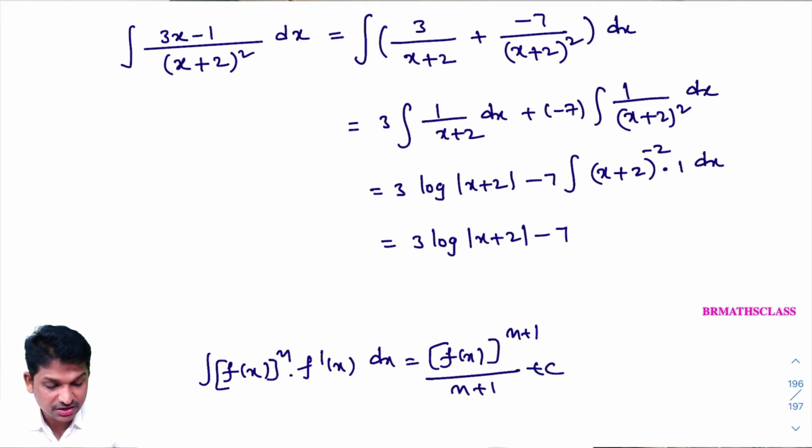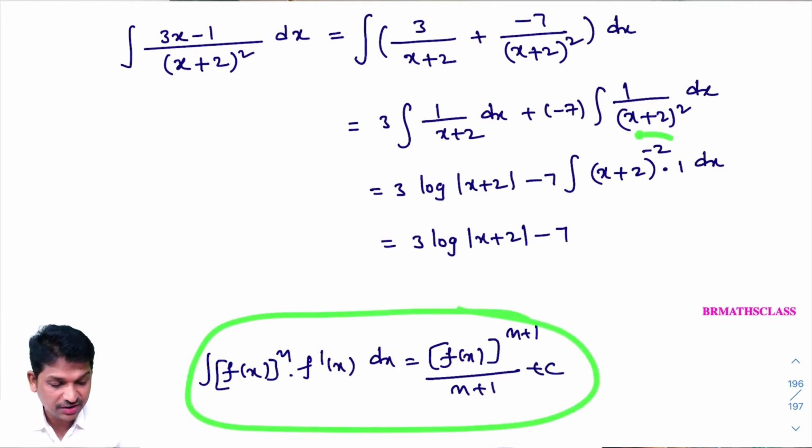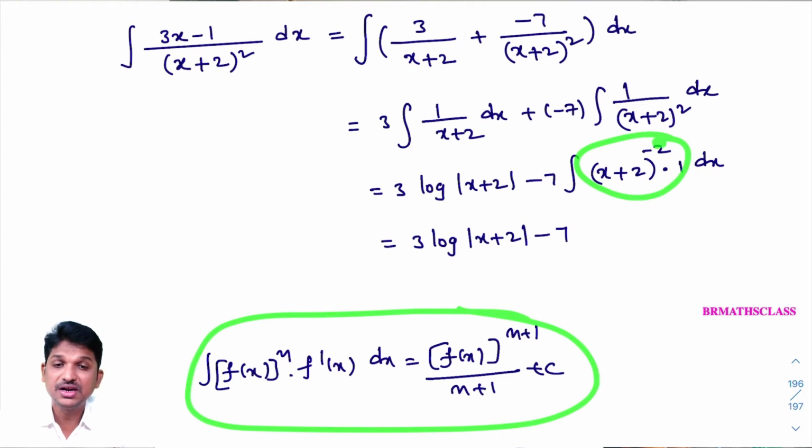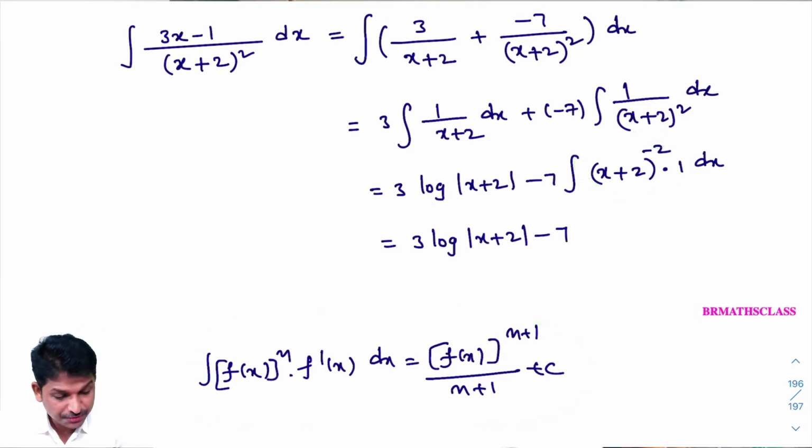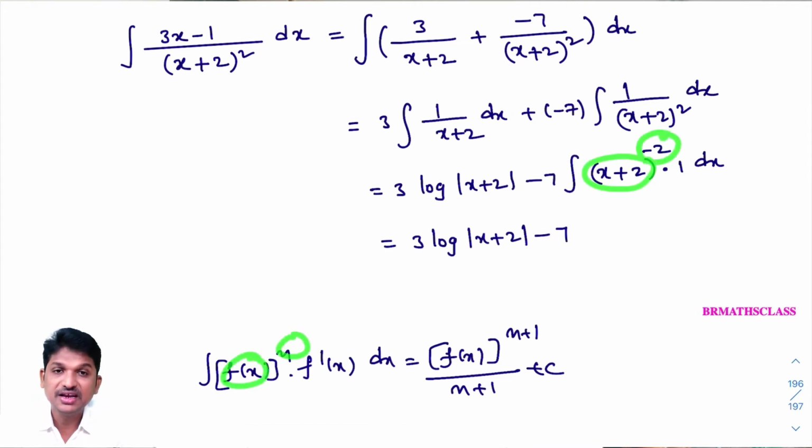In this module, we will use this formula frequently whenever repeated linear factors are there. Here you observe this is f of x whole power n. What is n here? n is minus 2, into f dash of x. What is the derivative of x plus 2? Derivative of x plus 2 is 1.